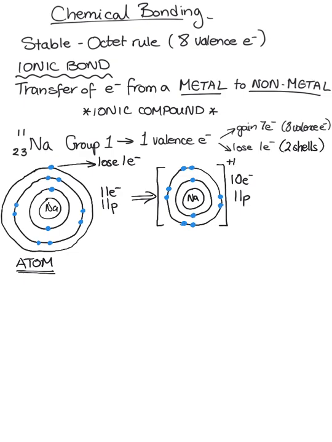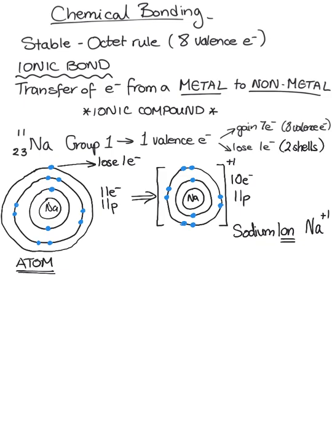be +1. Because again, 10 negative, 11 positive, you have sodium, and here it's no longer an atom. We call it the sodium ion, because now it has a charge. And the way that we would write it is Na+1.